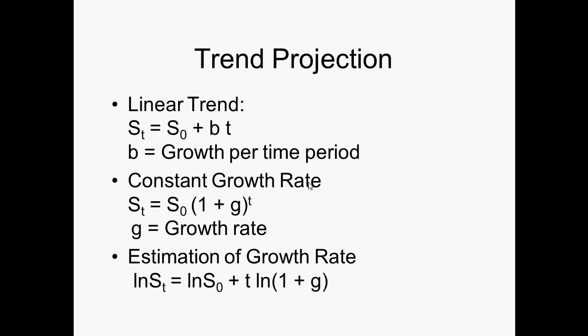Now, how often is it that the secular trend is really going to continue for a long period of time? If the trend continues for a short period of time, the linear trend and the constant growth rate trend are almost the same. If it continues for a long period of time, those start to diverge more and more. But how likely is it that a trend will continue for a long period of time, especially if it's a dramatic trend of 10% growth a year or something? Well, that's hard to say. You'd need a lot of industry knowledge to judge in particular cases.